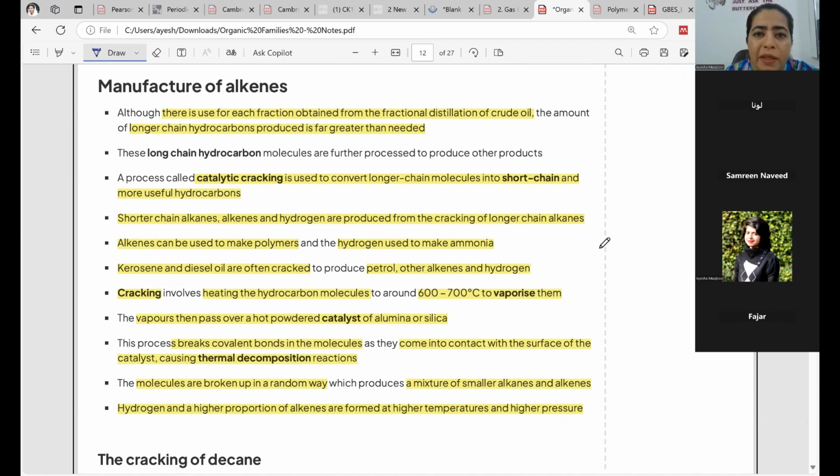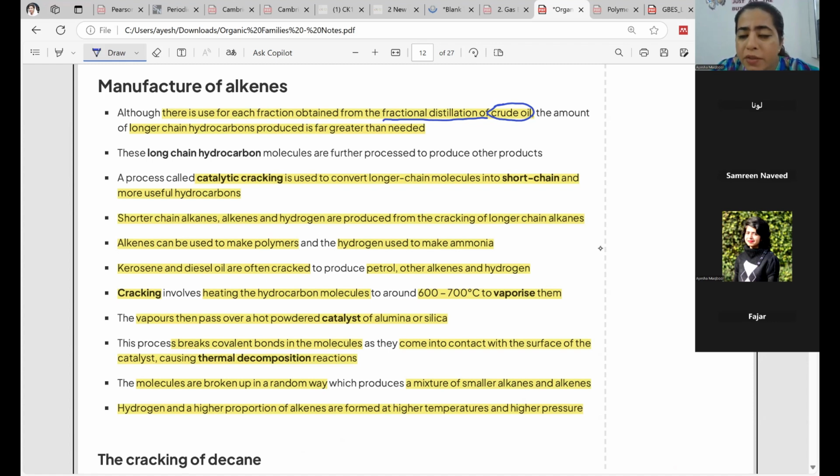To make alkenes, one method is that we did in case of the crude oil. Crude oil is basically a mixture of many different oils and fuels together. We said that we can separate all the fractions easily by using the fractional distillation method. And fractional distillation is going to work depending on the boiling points.